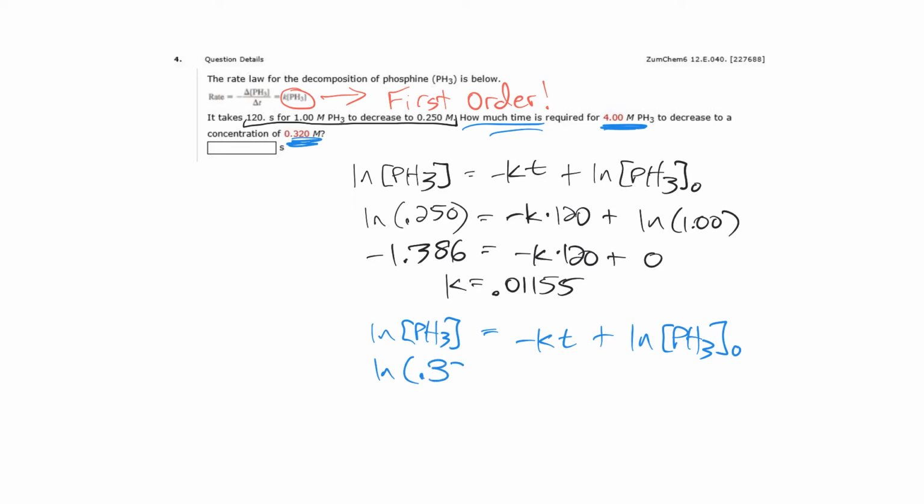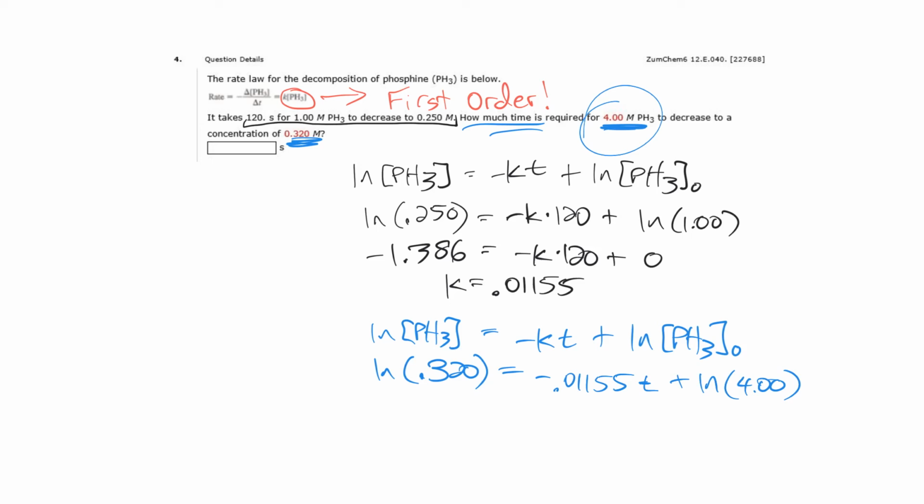The concentration at the time that they were observing was 0.32. Our value of K we're going to pull from our previous work, 0.01155. This time we're solving for time, so we'll leave that as a variable. And the initial concentration in this case was 4. So we have one equation and one variable, and we can solve it.